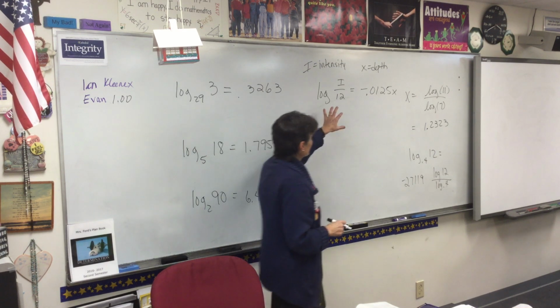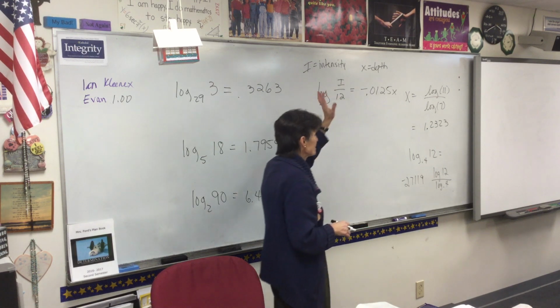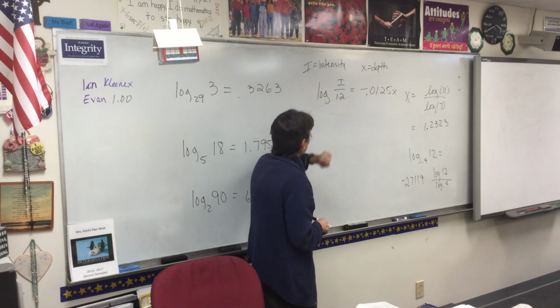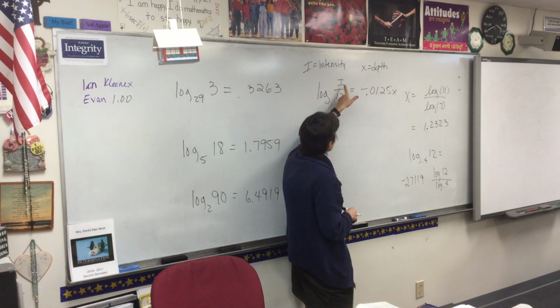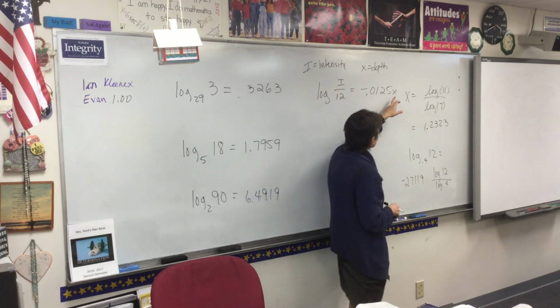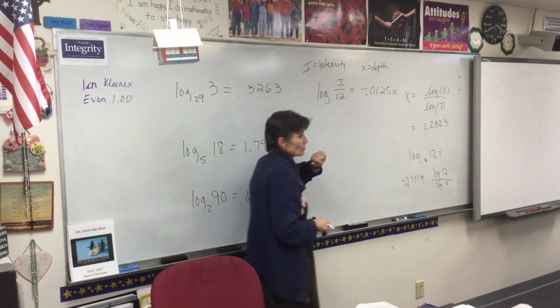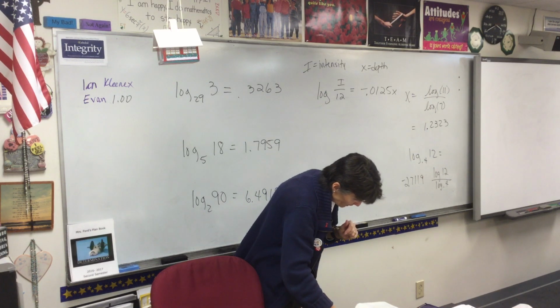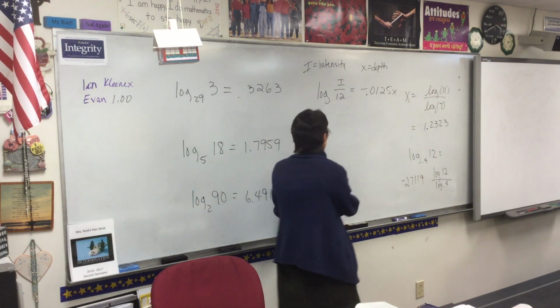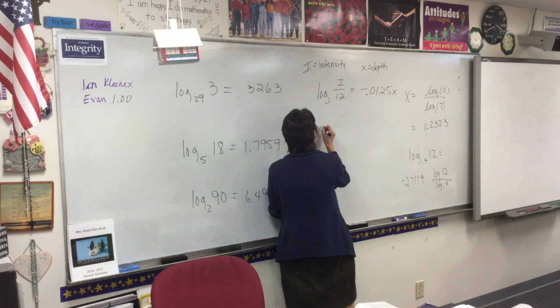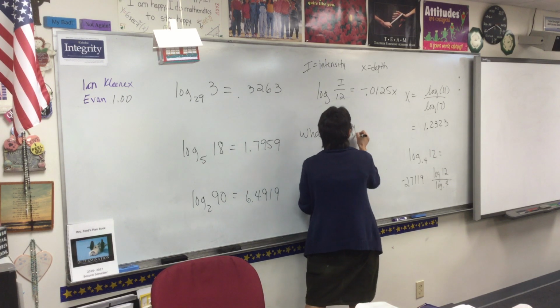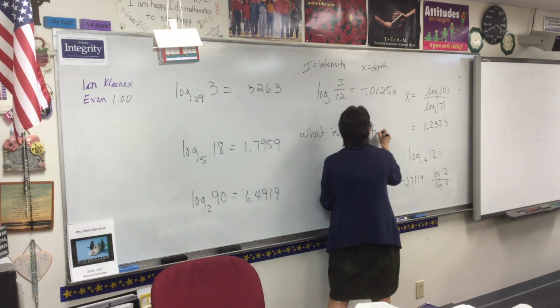So this gives us the equation. Somebody's developed this equation and said, okay, I is the intensity, X is the depth. There's the equation that relates those. The question is, what is the intensity at a depth of 10 feet?